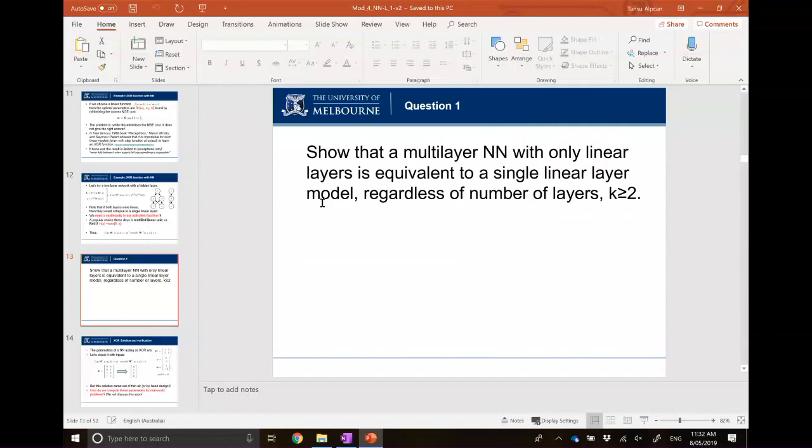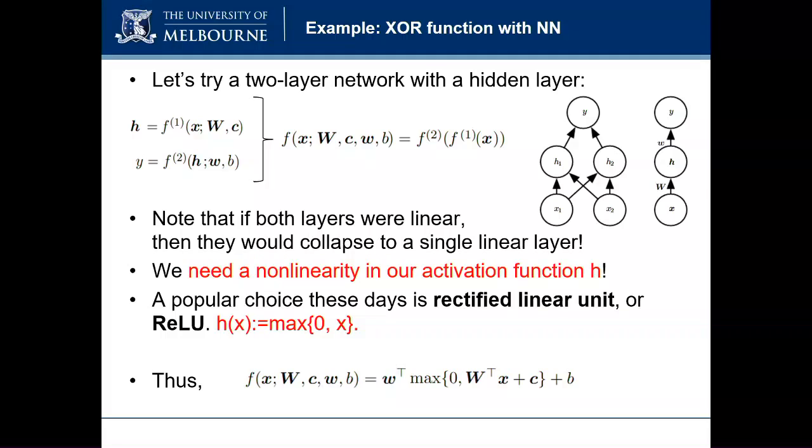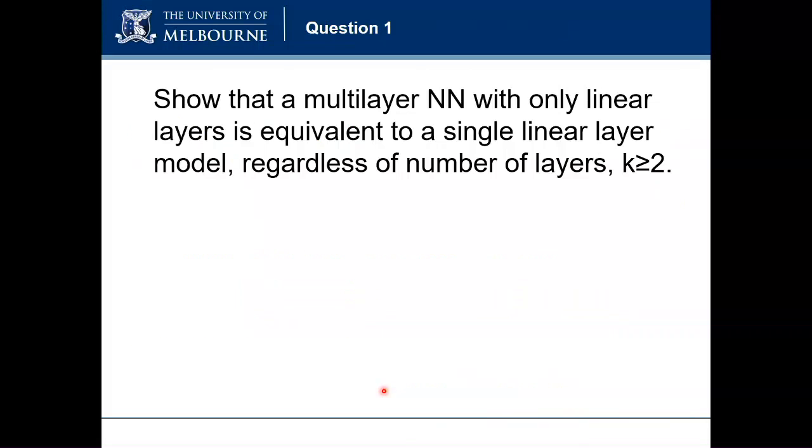Okay, so we have shown that we need some nonlinearity in activation functions. So we put our nonlinearity in our hidden layer and satisfied that condition. And in the output layer we didn't put any activation function, so we put a linear activation function in practice. Then you get y equals x, activation function wise.